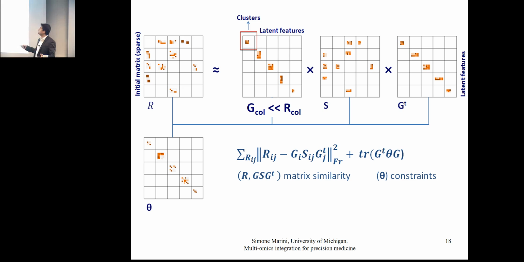Now, I'm doing this because in the latent features here, I will find theoretically embedded all the information of all these different data types and data sources that I cram together. So this is the difference between this method and, for example, a normal non-negative matrix factorization, which would have only 2 matrices here and should not have this.